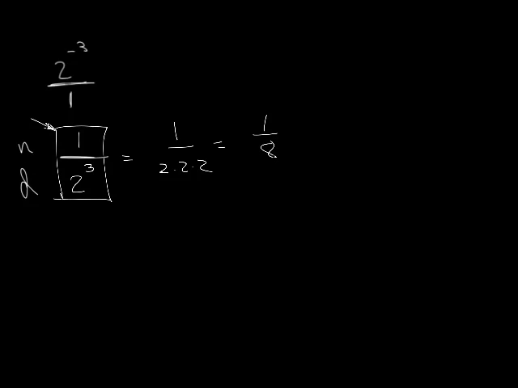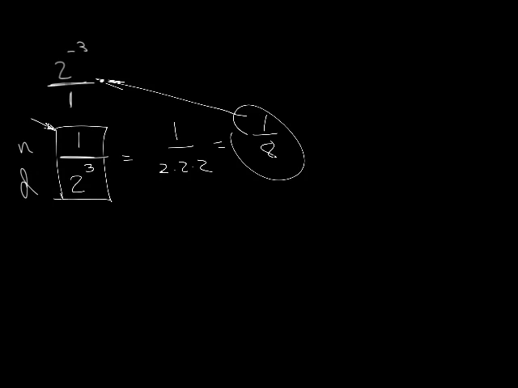So if we want to get rid of that negative sign, we take the base and its exponent and move it to the other position. And when there's nothing left on top, you always put a 1 there. So now my exponent is positive, and now I can actually do the work. 2 times 2 times 2, so 1 over 8. So that ends up being the answer to 2 to the negative 3rd power.